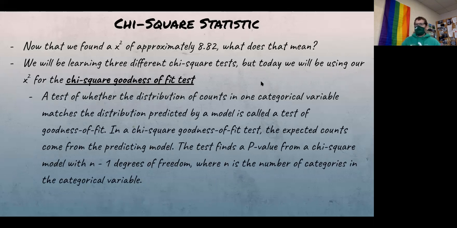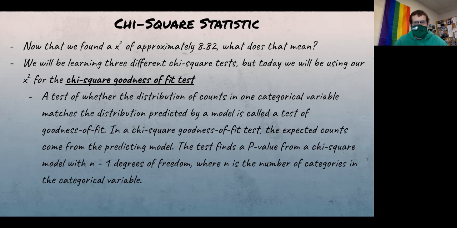All right, so let's get back to chi. We're just jumping away from chi-square and back into it repeatedly today, but it's all good. So the chi-square test is a test of whether the distribution of counts in one categorical variable matches the distribution predicted by a model.